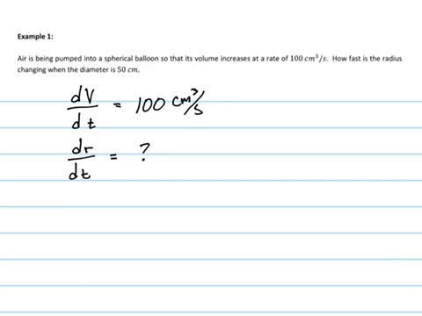Now, we can relate those two with a missing rate, dV/dr, the change in volume with respect to the change in radius. When we went over the chain rule, we kind of covered this. We know that the derivative of the volume equation with respect to time is equal to the derivative of the volume equation with respect to the radius times the derivative of the radius with respect to time.